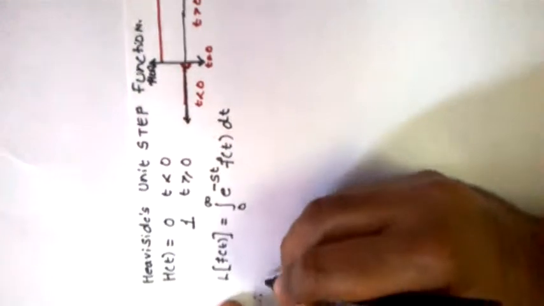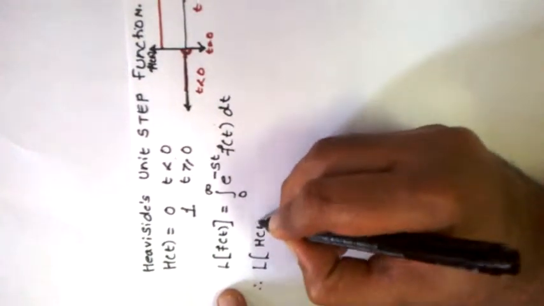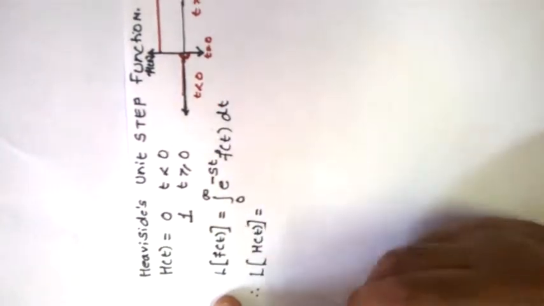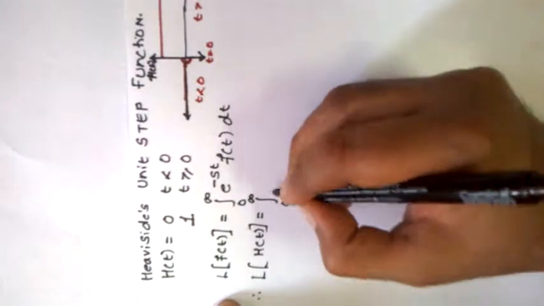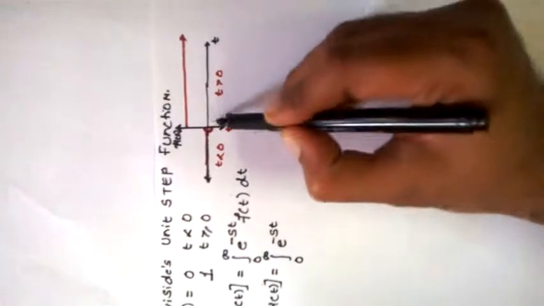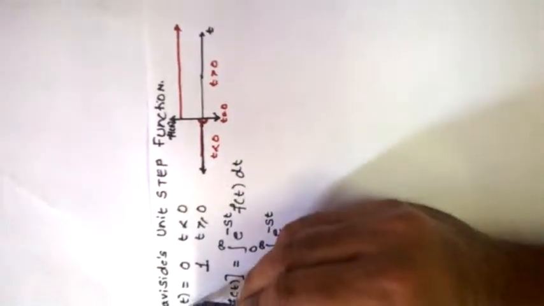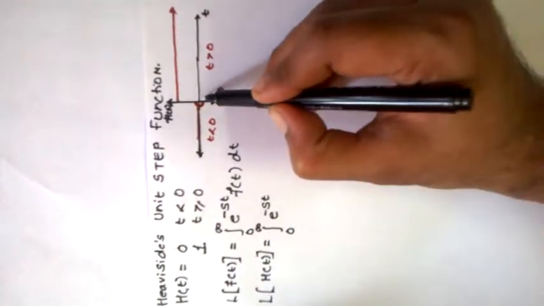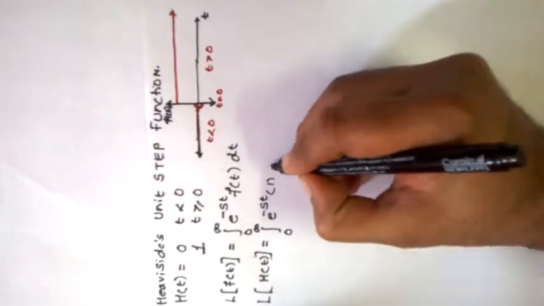So therefore, Laplace transform of unit step function h of t is equals to integration 0 to infinity e raised to minus st. Now how about h of t? We are in the interval 0 to infinity, and in this interval, the value of the function is 1. So we'll put h of t as 1 into dt.